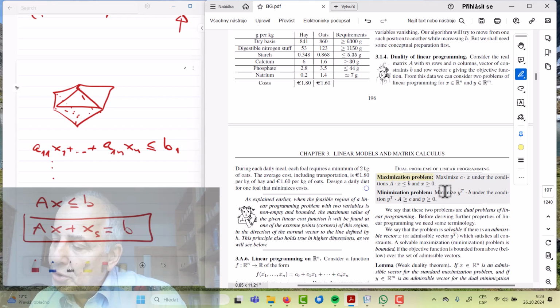So you see that A times x is less than b. In our convention, this means that each of the components of the 2 vectors on the left and right hand side are in this inequality position. And the minimization problem is I simply swap it.